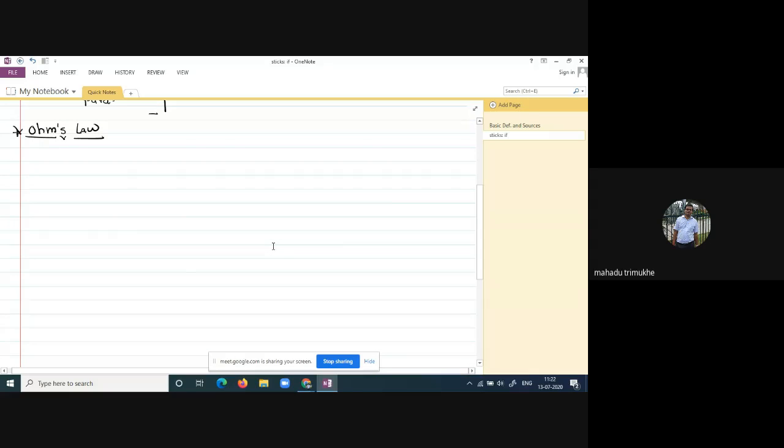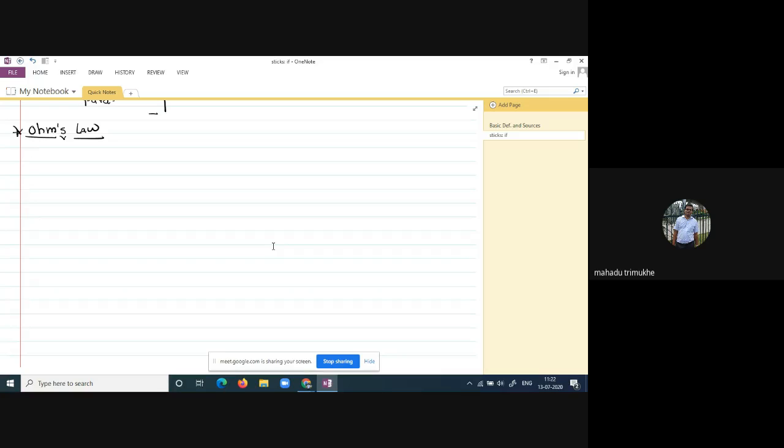A resistor having resistance R, right? Whatever resistor we have used, there is some resistance R, and some voltage is across it. This voltage across the resistance is directly proportional to the current flowing.